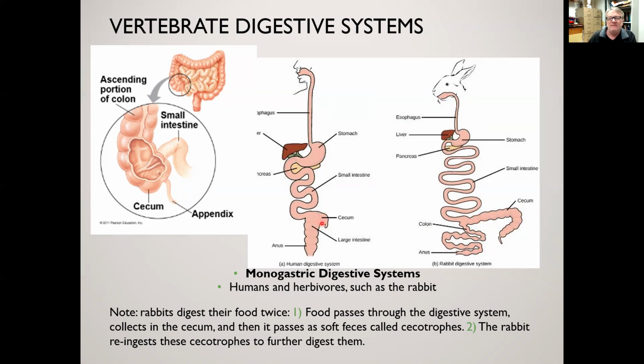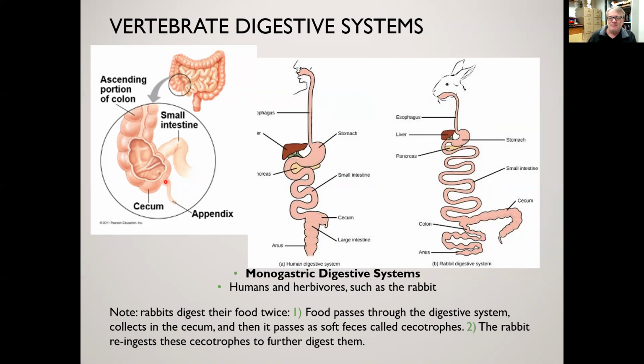Humans also have the remnants of a cecum, but it's not really functional in a human. Instead, it has been truncated to the point that we actually have just the remnants of it that we call the appendix, which generally does nothing more than cause problems.